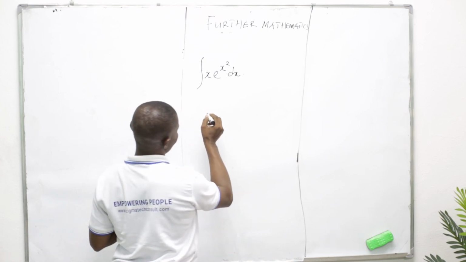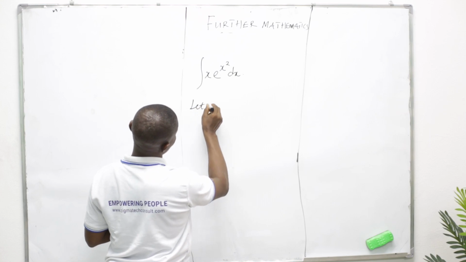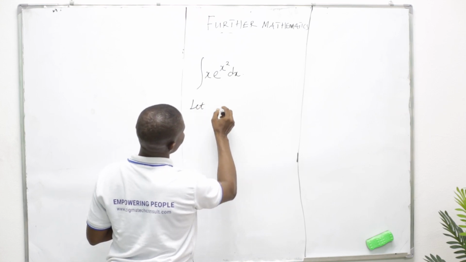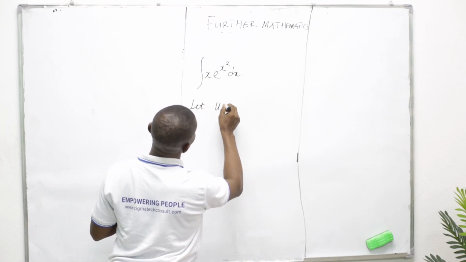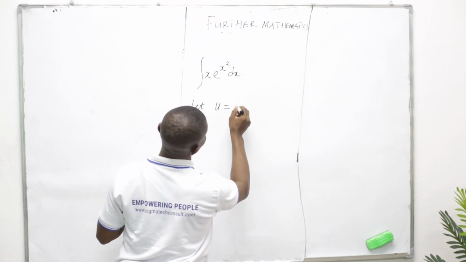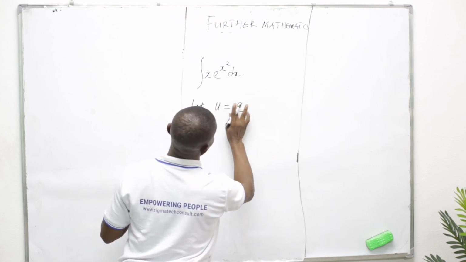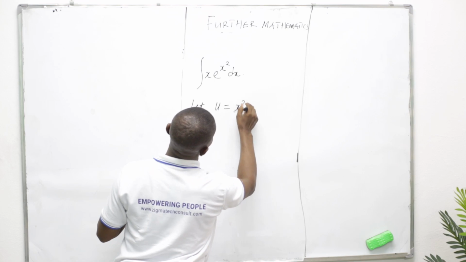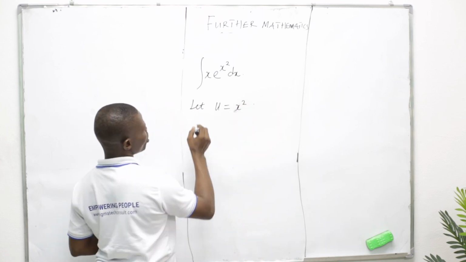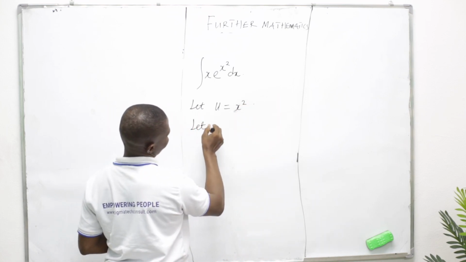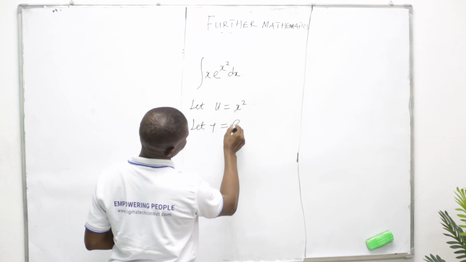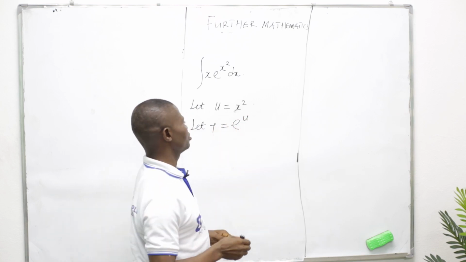What you're going to do here, let u equals x squared, then you also let y equals e to the power u.